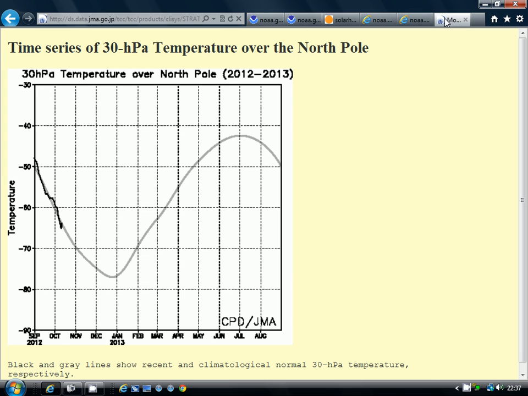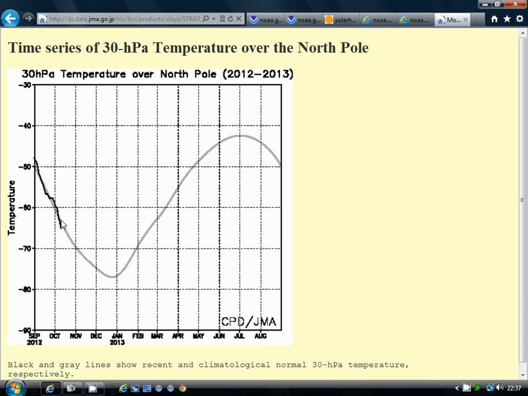I can't really go into this in too much detail. I'll probably have to do a video about this, or just about this really. But what we're looking at here is the temperature in the stratosphere. There's some evidence that when we get warming in the stratosphere, which is really when we're above this grey line, this is the average stratospheric temperature, when we're above this in winter, there is some evidence that does help to promote blocking across the Arctic.